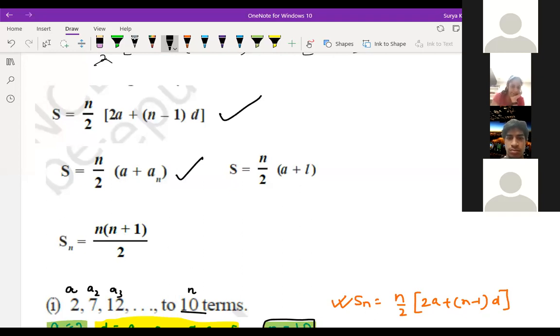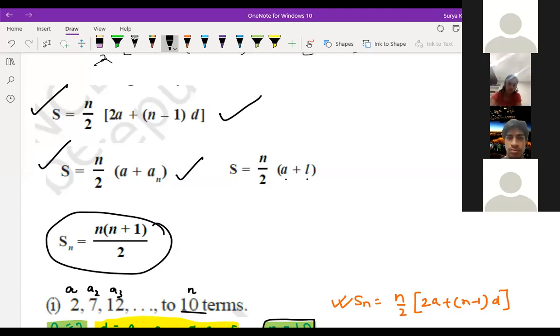Either you can use this formula or this formula, any one as you wish. You can write a plus n, or you can write a plus l.